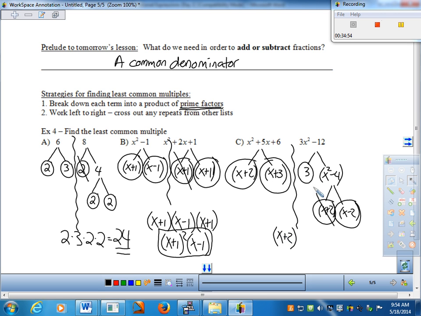So I take it, cross that out, and then just keep working. X plus 3, not 1 over here, so that's good. Take the 3 and take the x minus 2. And there you have it. Least common multiple of this and this. Do you want to multiply that out? No, of course not. Leave it as it is.